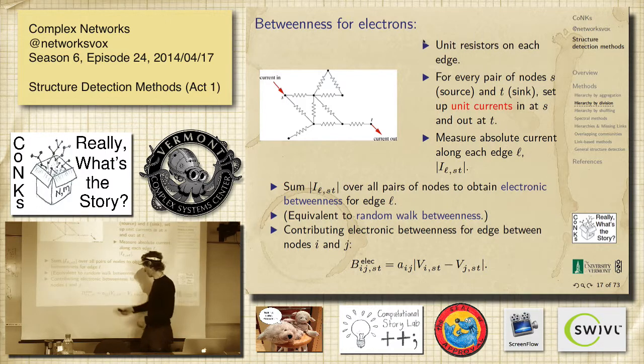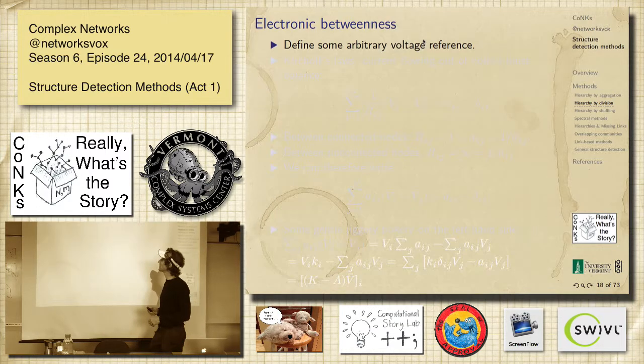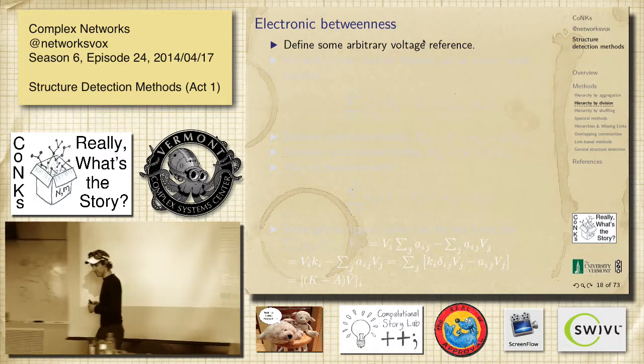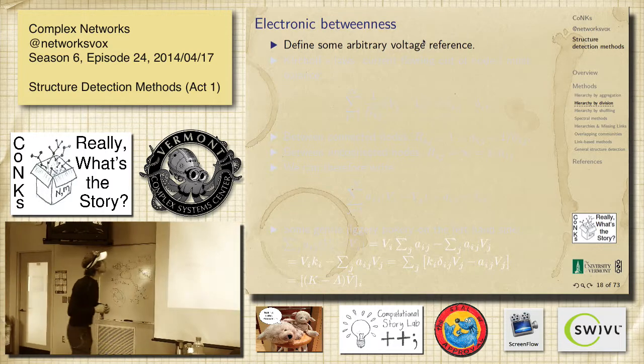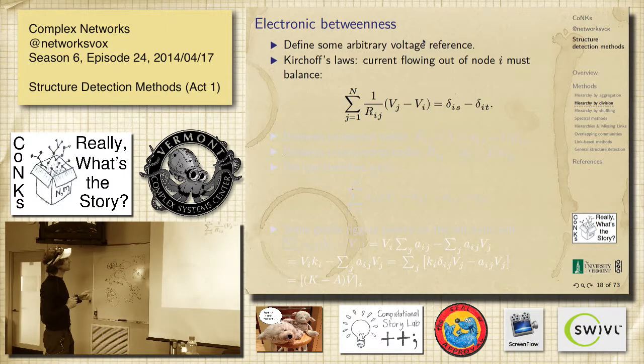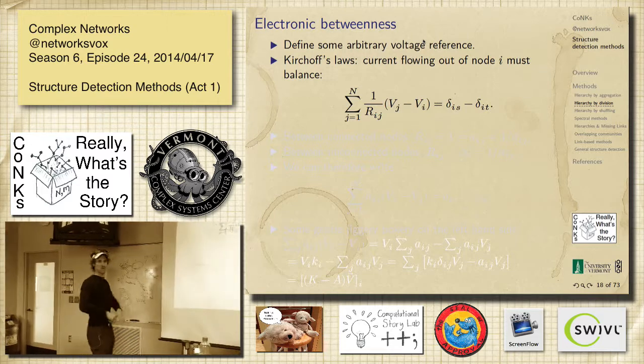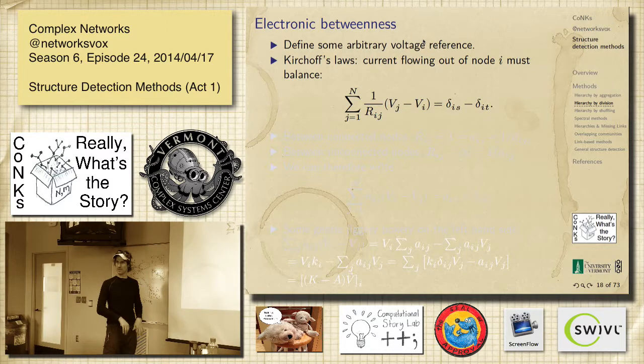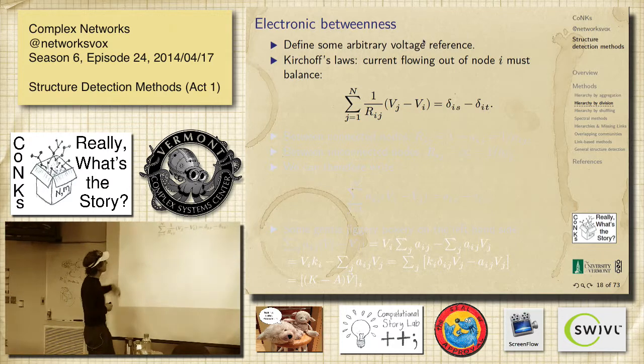So we should be able to compute this and then add them all up. It turns out to have some nice linear algebra properties and graph theory stuff. Okay, so we have some voltage reference, because, right, there's nothing absolute about voltage. It's always relative that we worry about.